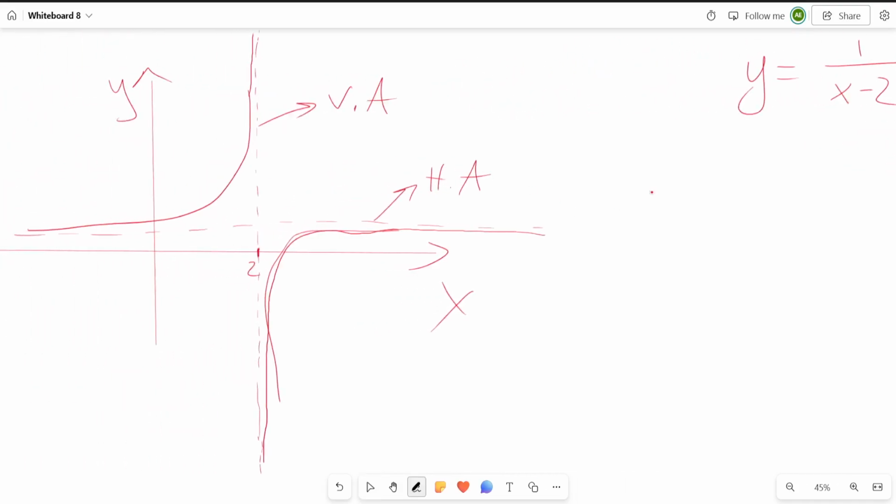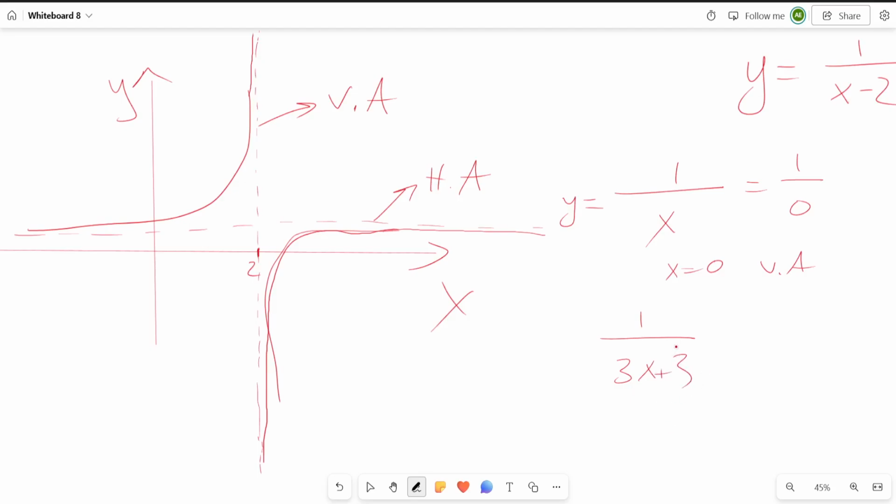Okay, so if I told you what is the vertical asymptote of y equals 1 over x, you would tell me I cannot have the denominator as 0, so 1 over 0. So when x is 0, that's a vertical asymptote or an undefined point. Okay, what about 1 over 3x plus 3?